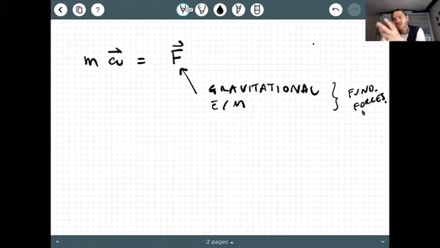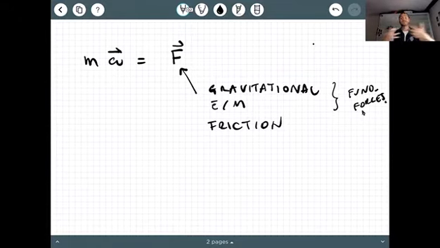But there are also emergent forces such as friction. Friction is not a fundamental force, it's just the effect of having many particles colliding together. It's a collective phenomenon.